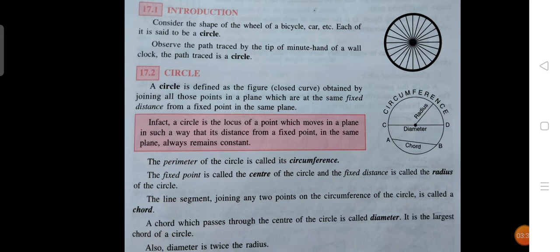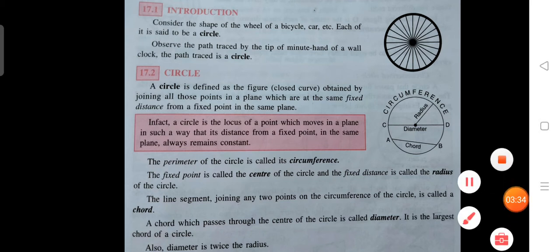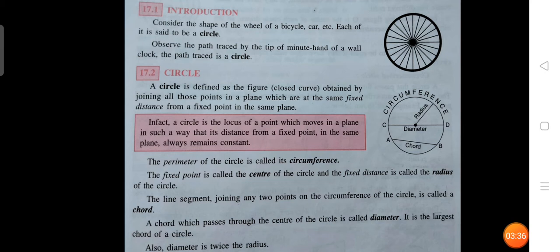So a circle has a circumference, which is the perimeter of the circle, and it has a center, which is the fixed point, and the fixed distance is the radius.